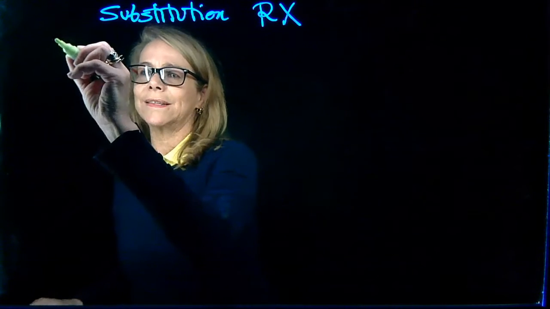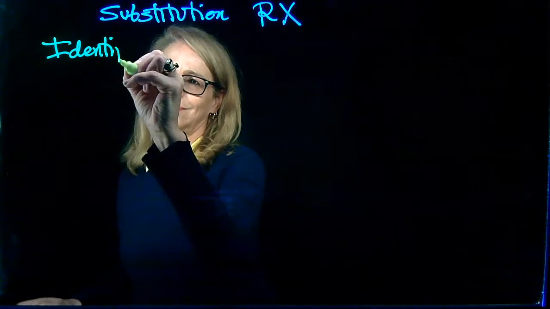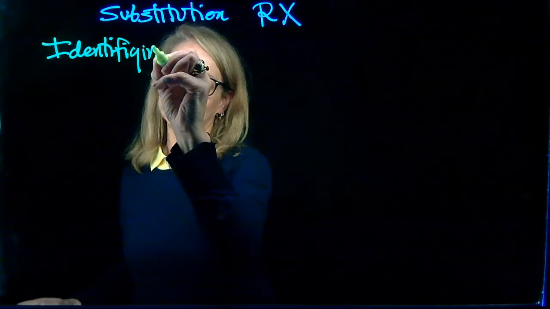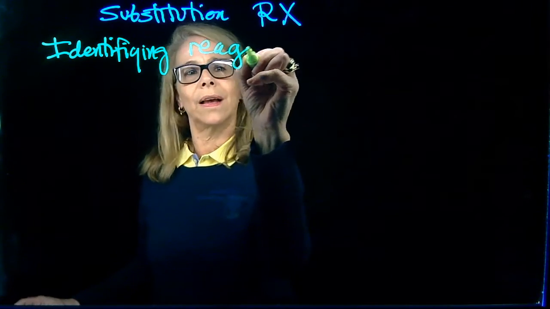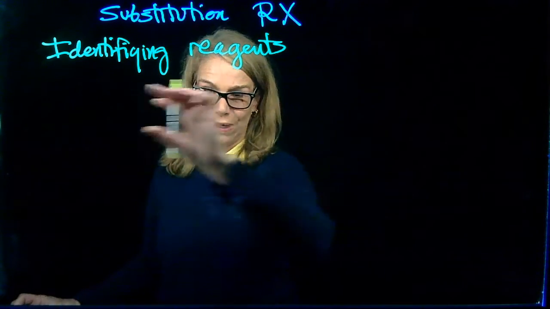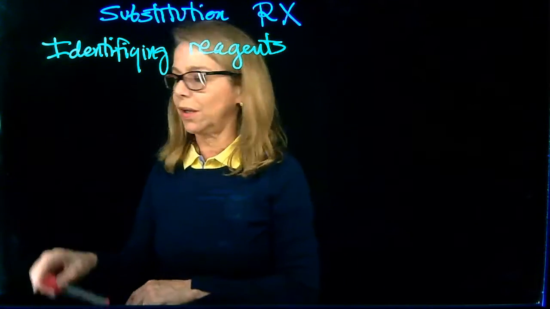The first problem I got is about identifying reagents. Here I'm going to do a list of reagents, and then I'm going to give you the reactions that we're going to be working on.